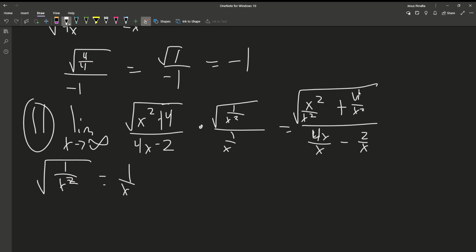So then this is 4 over x squared. This goes to 0. That goes to 0. This turns into 1, and this turns into 4. So then it's going to be the square root of 1 over 4, which is just 1 over 4 for number 11. Let's check, which is correct.